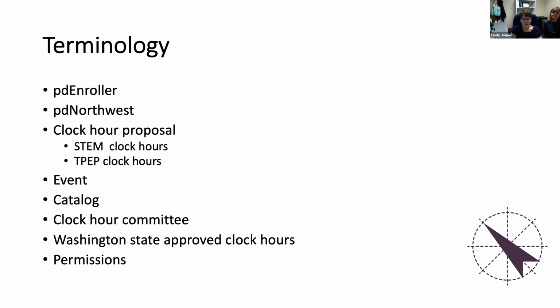We also will send things back and say you need to do something else with it and fix it up before we can approve the clock hours. When I talk about permissions, that's just me putting you into a group that has the ability to create clock hour proposals. So when you want to do that, we'll add permissions for you to do that.